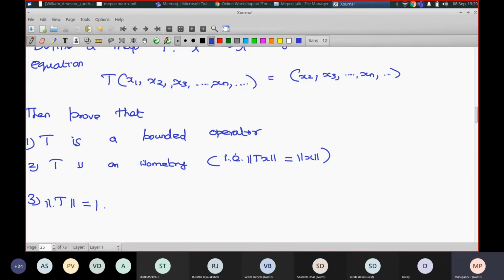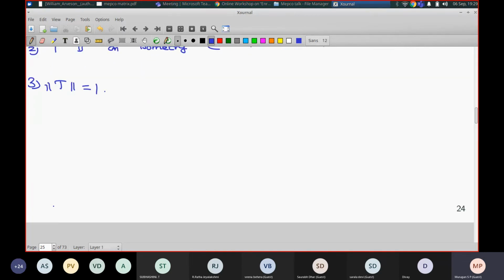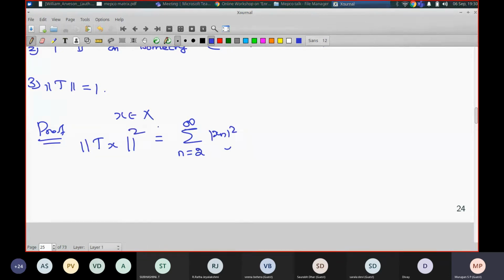This is clear, no? Why is this clear? The proof is very simple. See, what is norm of T of x if x belongs to X? What is the formula for that? This is the sum over n from 2 to infinity of the square of xn, I mean take a square.